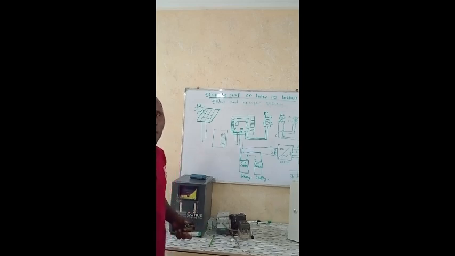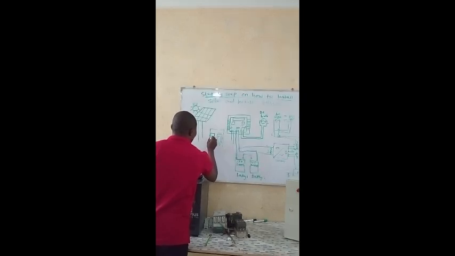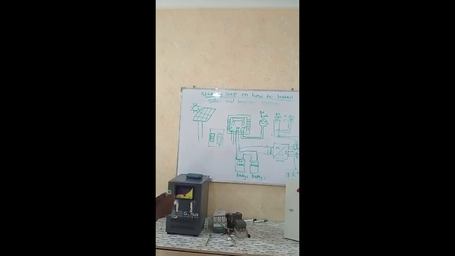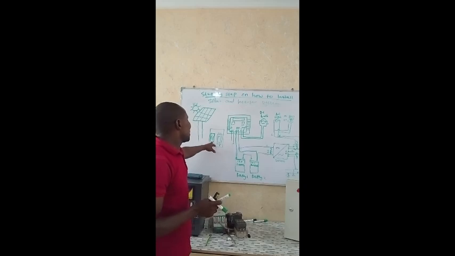Now, we need a two-pole circuit breaker also, which will be here. This two-pole circuit breaker will be the DC breaker.